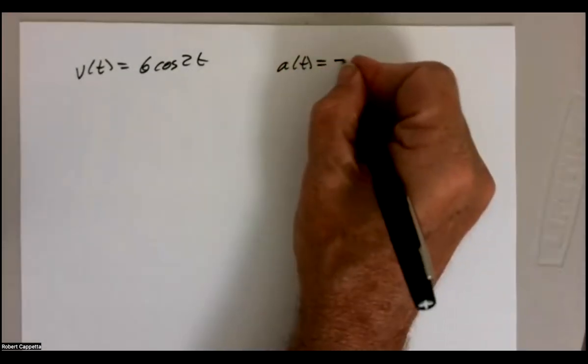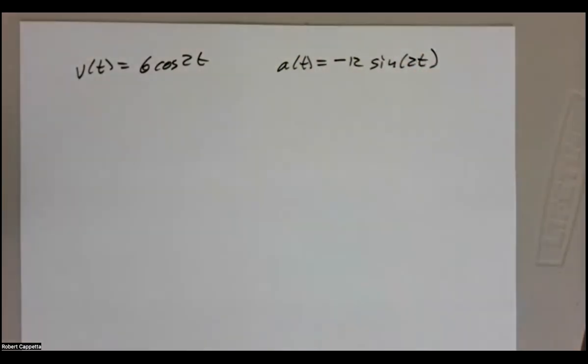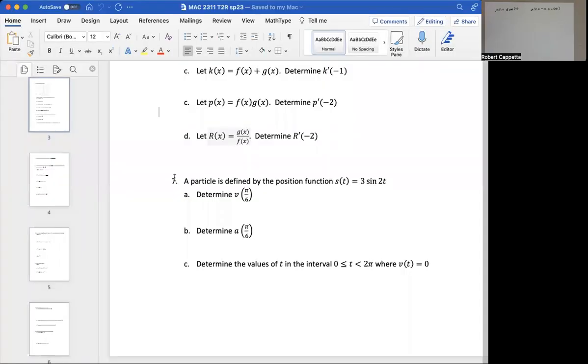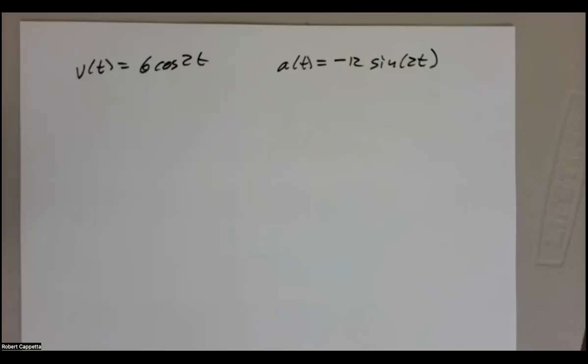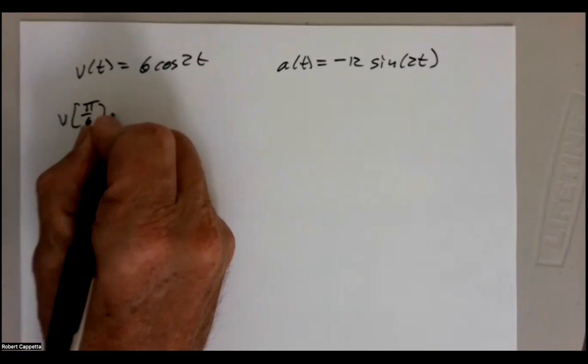Thank you very much for that. The question asks for pi over 6, is that right? Yes, indeed. So velocity at pi over 6 and acceleration at pi over 6. What is the velocity at pi over 6?